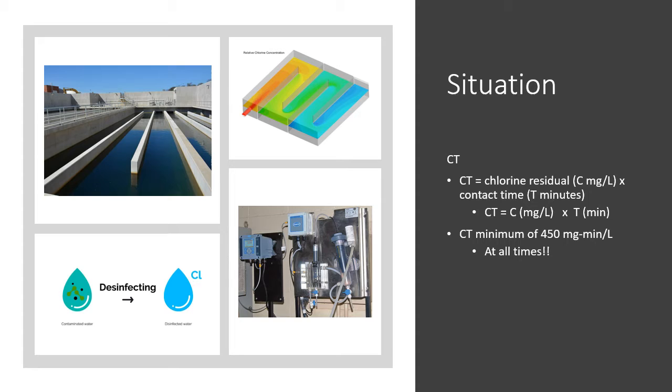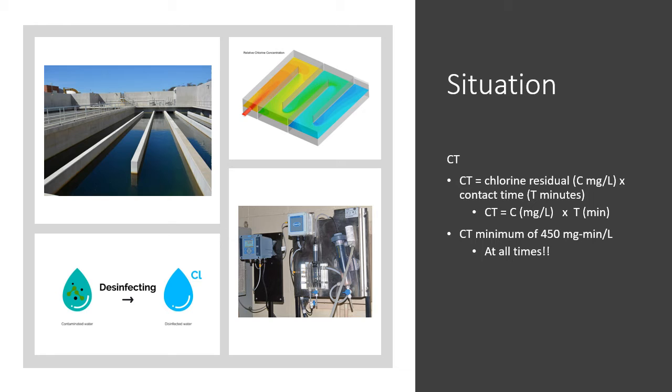So the situation I'll describe is, an operator is doing the rounds. They're going to this section of the plant at the very back end. There are these analyzers, and every day we have our handheld to test against the analyzers that are tied into SCADA to make sure that they're accurate. The operator goes and does a test and finds out that even though the analyzer is reading 3 parts of bleach, on the handheld it's actually reading 1 part.